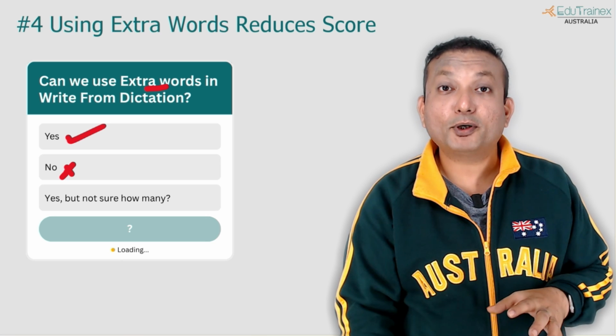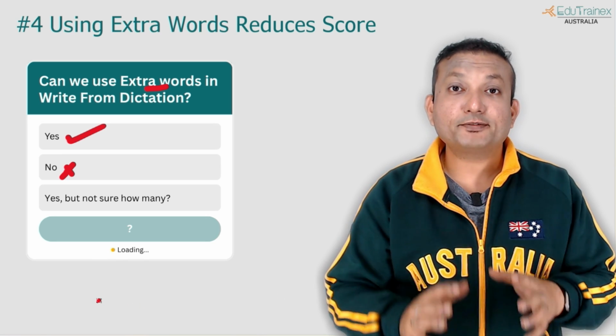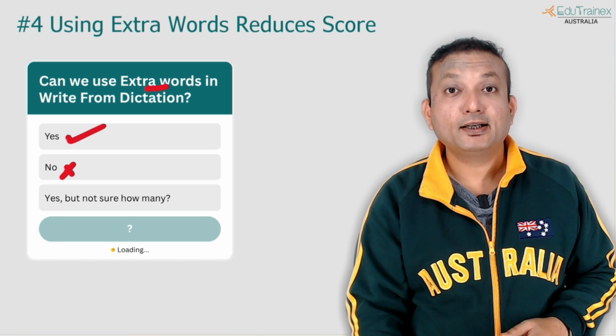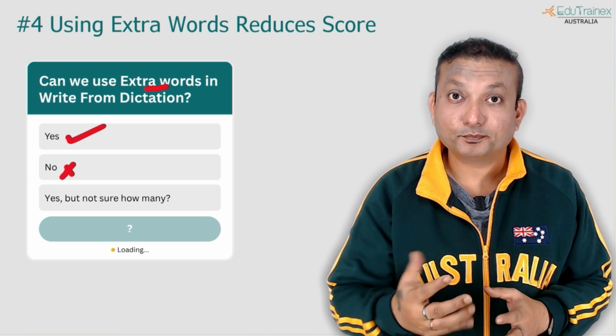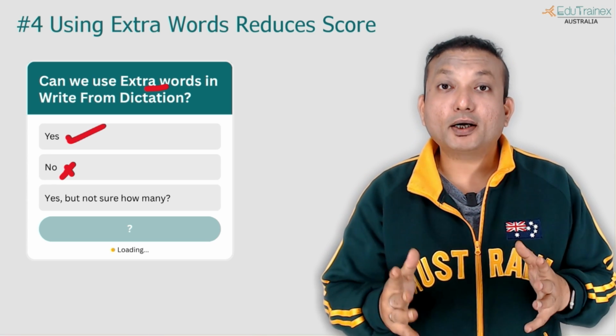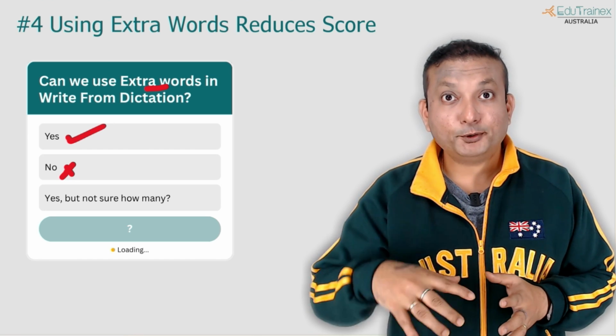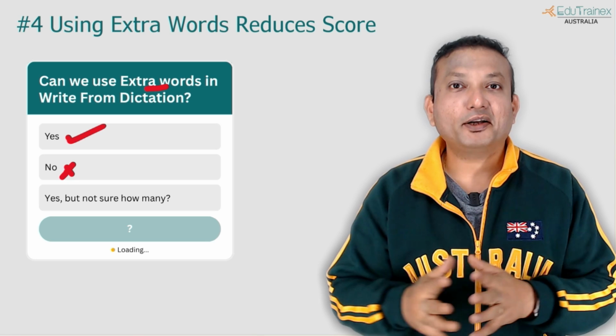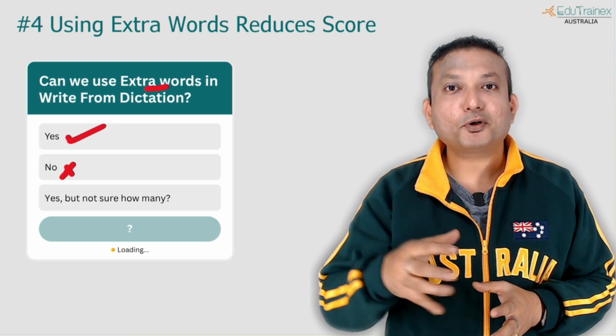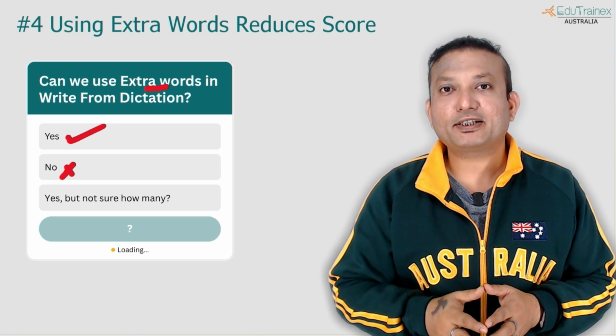Now what I was telling you about the logic of extra words is, if the sentence itself is 10 words and then you are writing 20 words, that is definitely a red flag, because the word count is just double. But if you only remember half of it and then you use 5 to 6 extra words, the word count is still 10 or 11. In that case, it is not a red flag, and that's how the extra words have to be used.